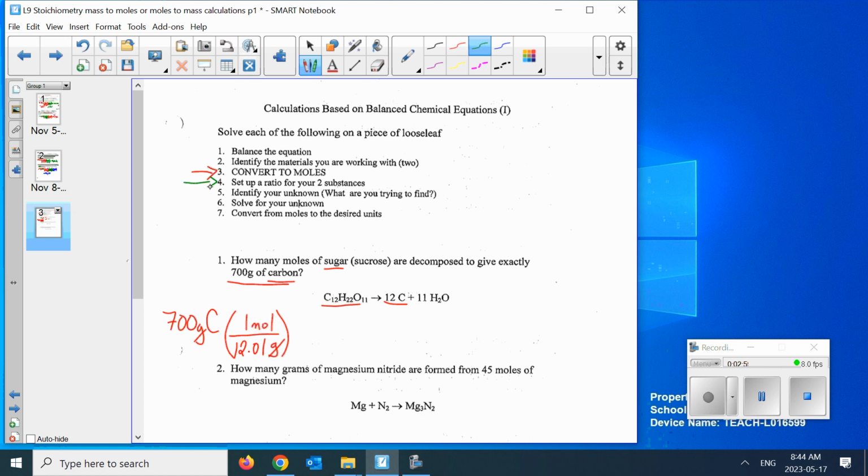Doing this in green. Set up the ratio for your 2 substances. I've identified which 2 substances. So I don't want carbon in my answer, but I do want sugar, sucrose. There's a lot of sugars.